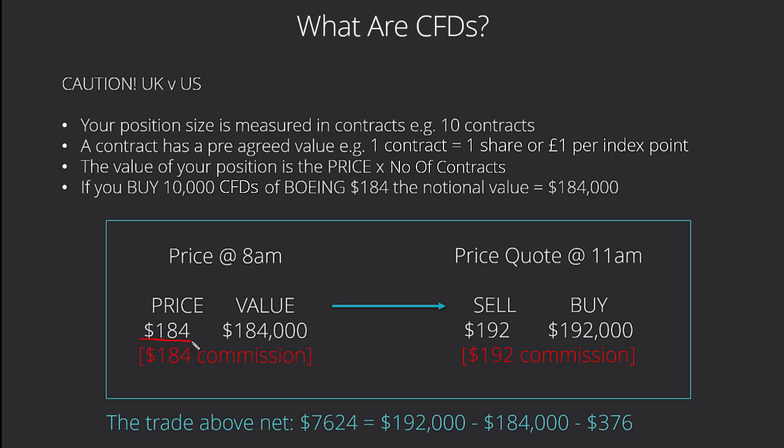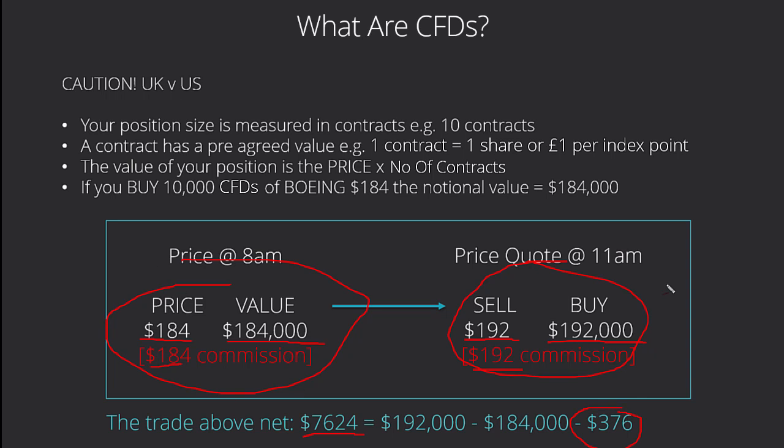So 184 grand that's worth. We sell at 192,000. Thank you very much. Of course, the commission goes up proportionally because it's a higher amount. The net of that is $7,624, which is the difference between the two, minus the commission.